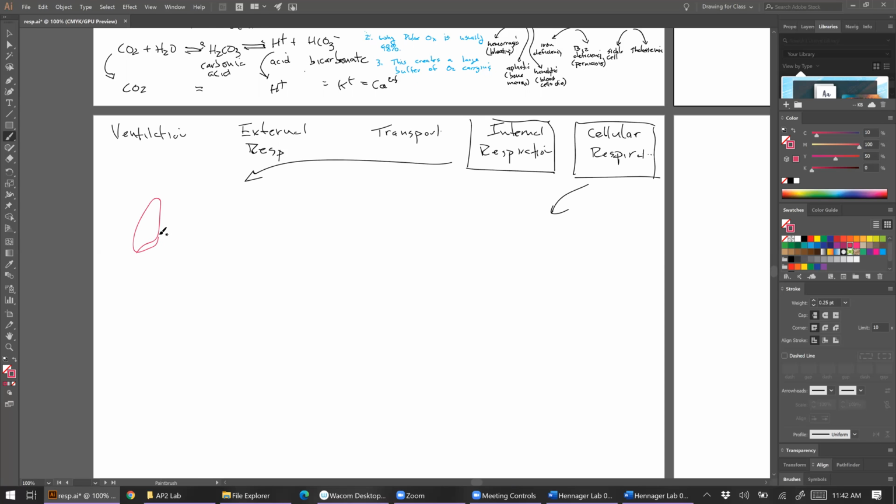So that's supposed to be a lung. Then this should be capillary.